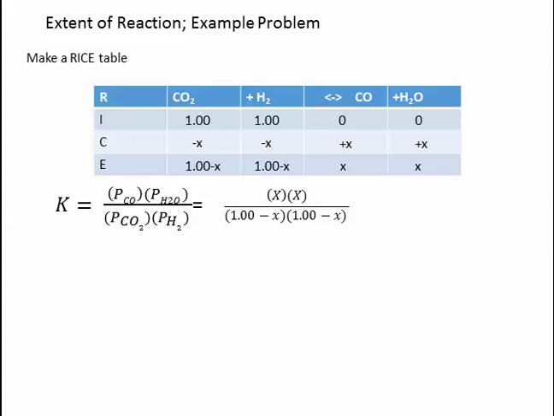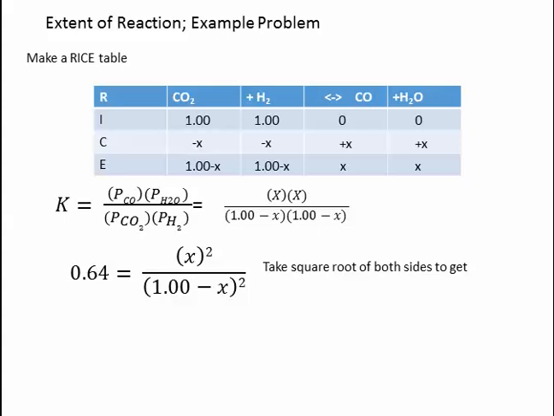So carbon monoxide and water are X. Both CO2, carbon dioxide, and hydrogen are 1 minus X. We know K is 0.64, so basically 0.64 equals X squared over (1 minus X) squared. So to solve this, let's take the square root of both sides. The square root of 0.64 is 0.8. Square root of X squared is X. Square root of (1 minus X) squared is 1 minus X.